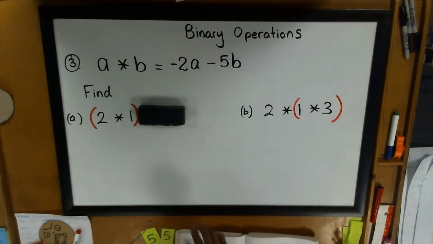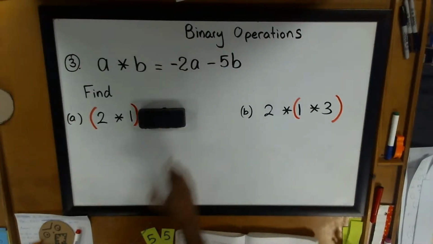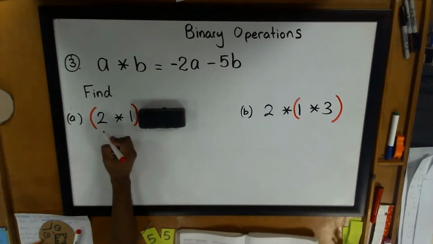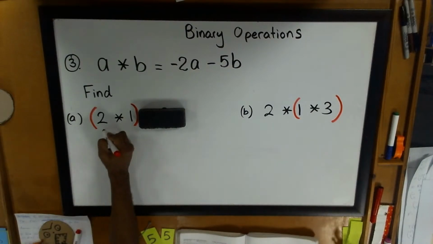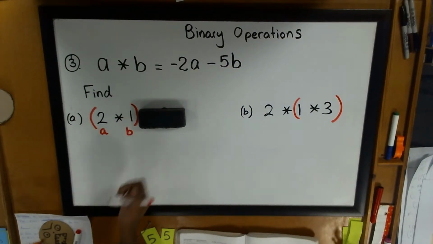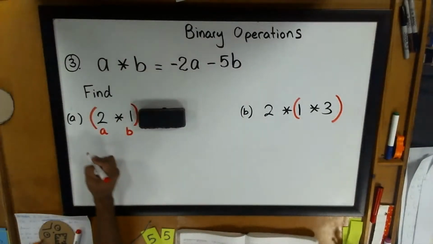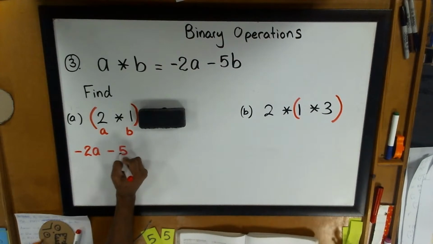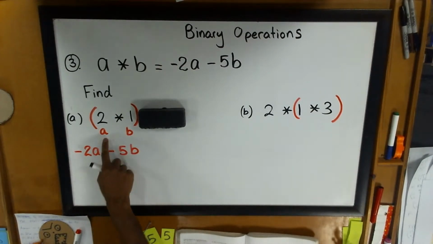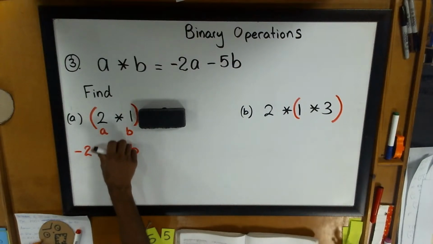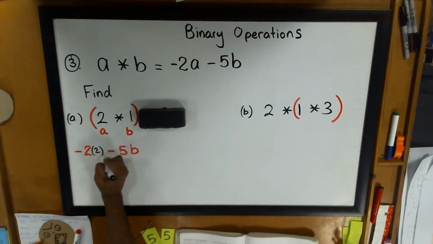So for question A, let's work out 2 asterisk 1. Remember, you're pretending this is a standalone question. So you're pretending this is A and this is B, and we're going to put it into this formula. Minus 2A minus 5B. Anywhere you see an A, replace it with a 2, but put it in brackets.